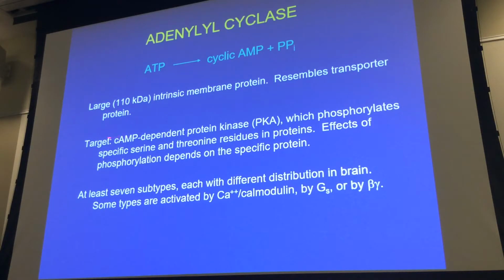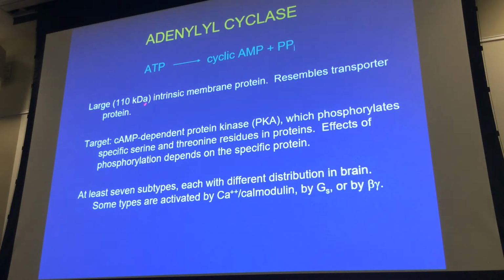Remember that the target of cyclic AMP is cyclic AMP dependent protein kinase, otherwise known as protein kinase A. And what PKA does is to phosphorylate specific serine and threonine residues in protein, and there are dozens of proteins within the cell that are phosphorylated by PKA, and that leads to the function of this receptor.